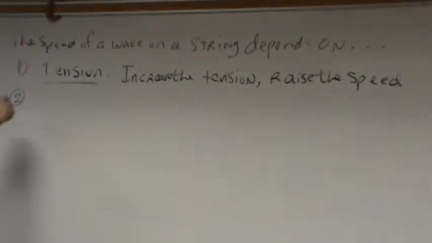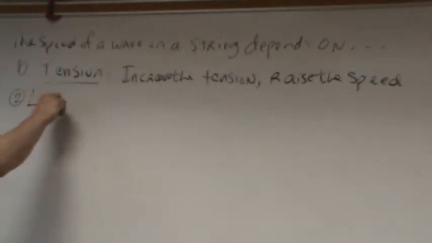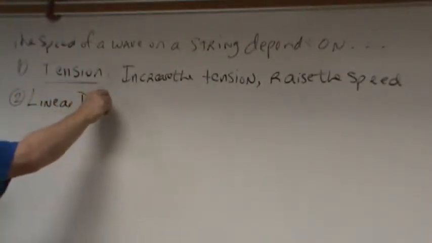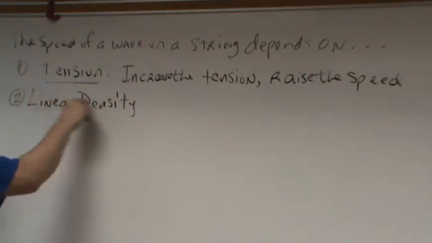The next thing it depends on is a quantity that I call linear density. I can't use normal density because that string is essentially a line. It's a one-dimensional figure, so I can't talk about cubic centimeters of string. So I have to use linear density.